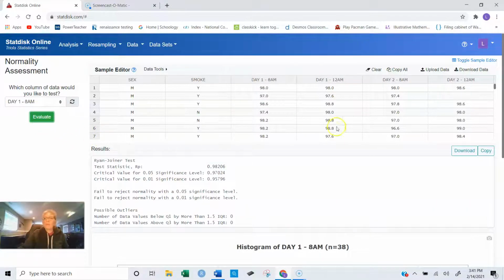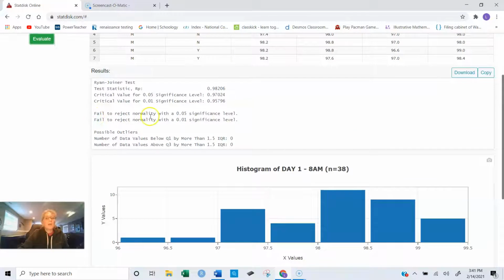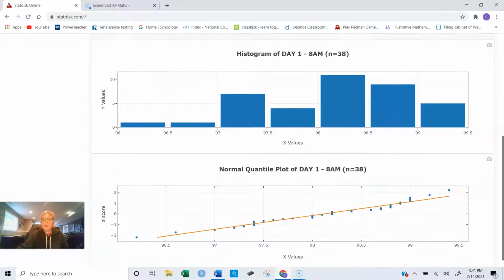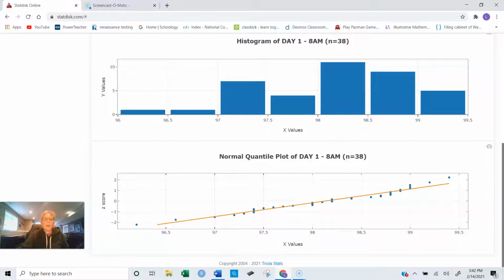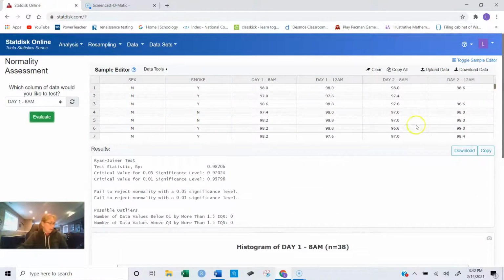Okay, when you look through our data, the Ryan-Joiner says fail to reject normality. That means it should be a normal distribution. Now let's look at our histogram to see if this is what we see. And we do see a fairly normal bell shape. It's very rough, but it is a bell shape. And if we look at our normal quantile plot with our z-scores, it is also following a line. We are happy. This is a normal distribution. We can use our data.